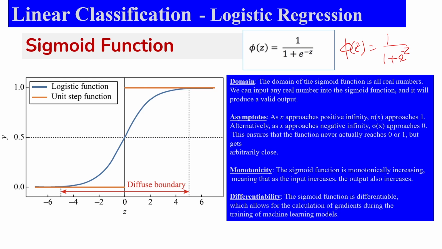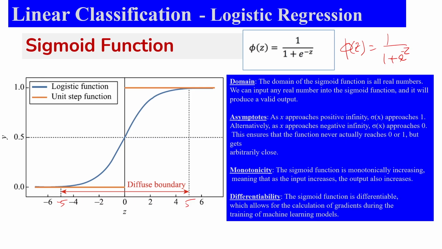You can think of it this way: if it is 0, you can remove it; if it is non-zero, you can take it out. You can see there is a diffuse boundary between these two ranges, minus 5 to plus 5, and this diffuse boundary sometimes can create problems.